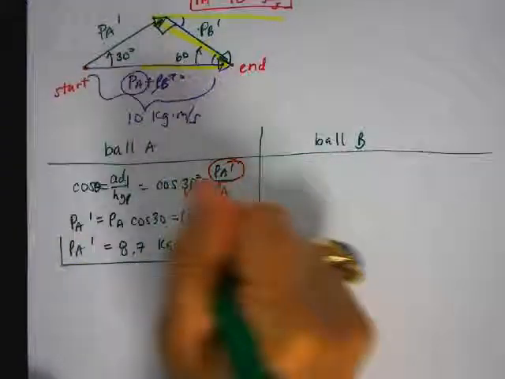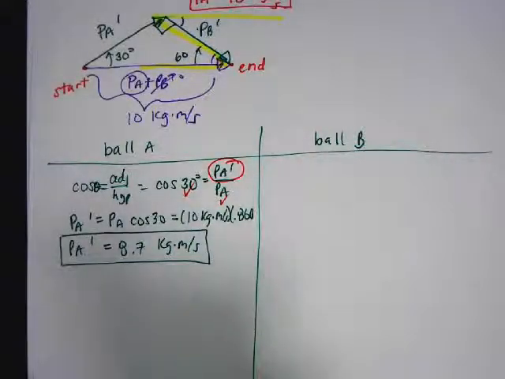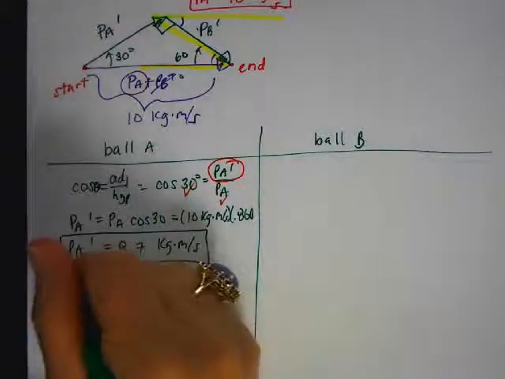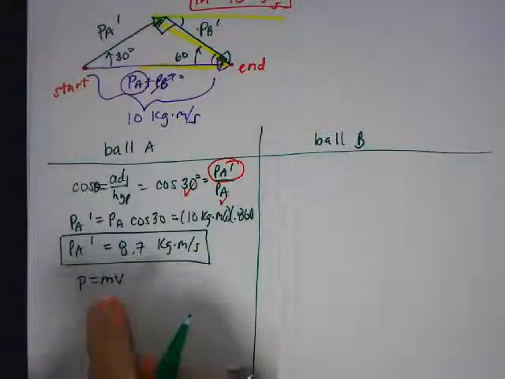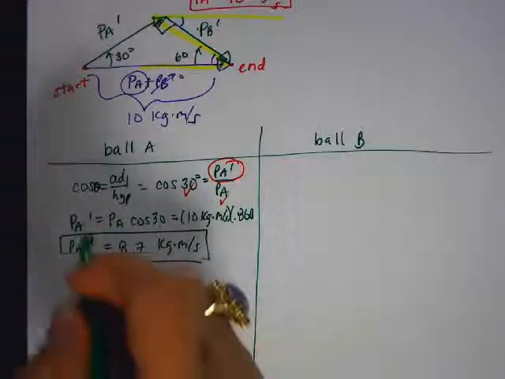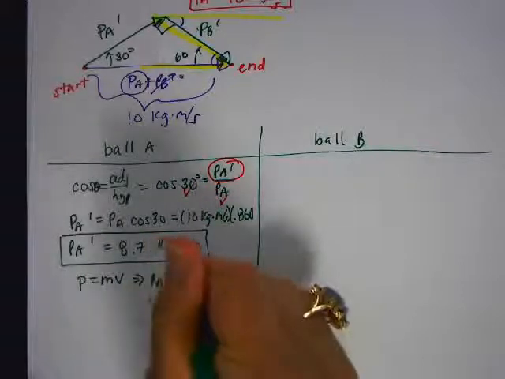Now I want to find the velocity. So the velocity is VA prime. So I'm going to first write down, what's my definition of momentum? Well, momentum is P equal to mv. Now I'm going to apply the definition of momentum to find VA prime. So PA prime is equal to MA times VA prime, and I want to find VA prime.